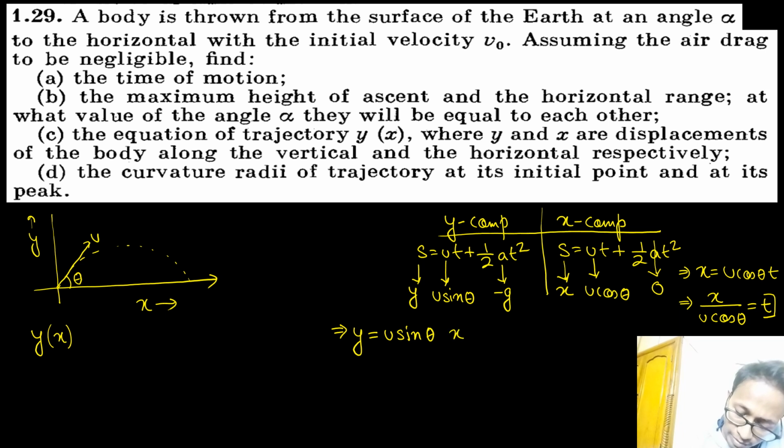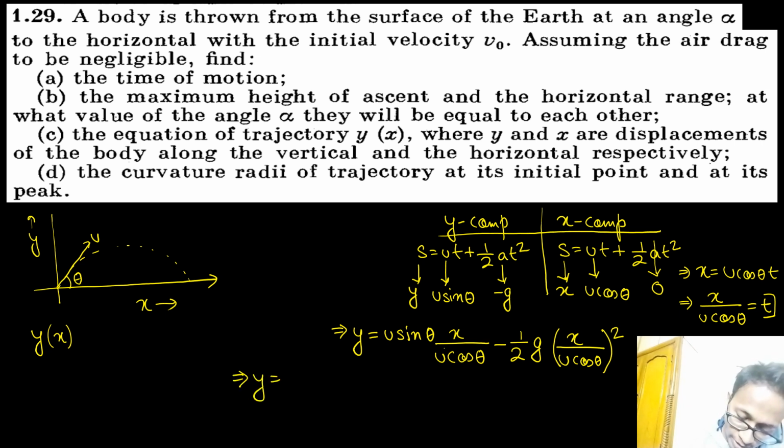The value of t is nothing but x by u cos theta, minus half g t square. Again, what is the value of t? X by u cos theta whole square. Or if I simplify this, y is equal to u and u would get cancelled. Sine theta by cos theta is nothing but tan theta. So x tan theta minus half g x square by u square cos square theta.